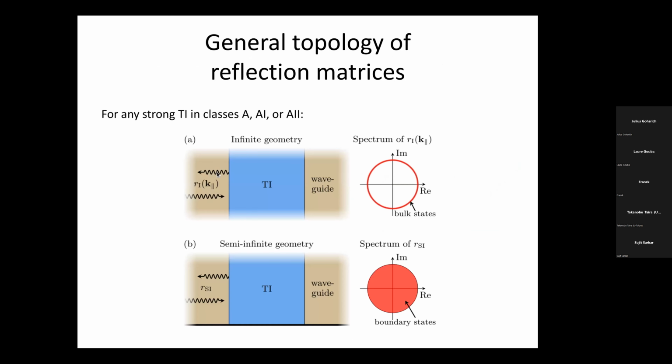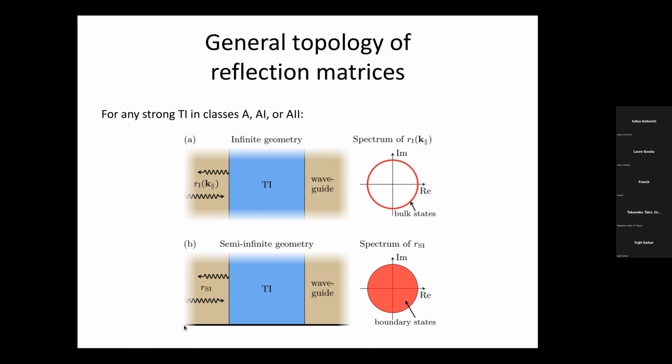What we can prove is that for any strong topological insulator in these Wigner-Dyson classes, so A, AI, or AII, in any dimension, you will have a reflection matrix which shows non-Hermitian topology. We can show that in the infinite geometry of a d-dimensional TI in these symmetry classes, the spectrum of the reflection matrix must cover the full circle of the complex plane.